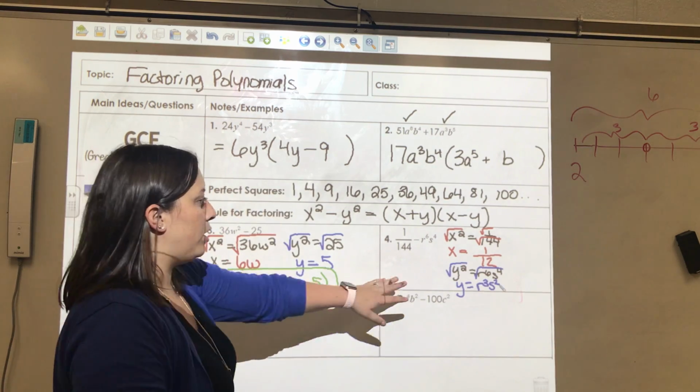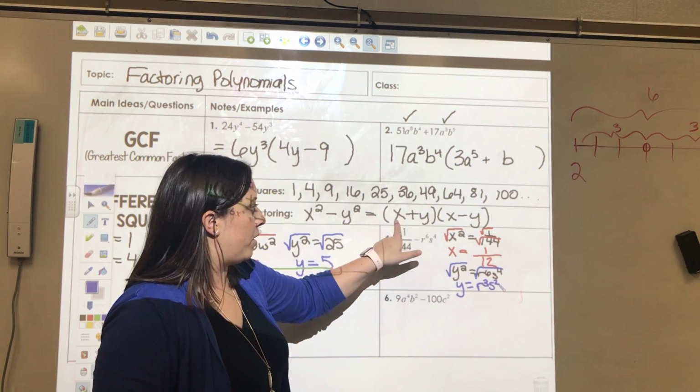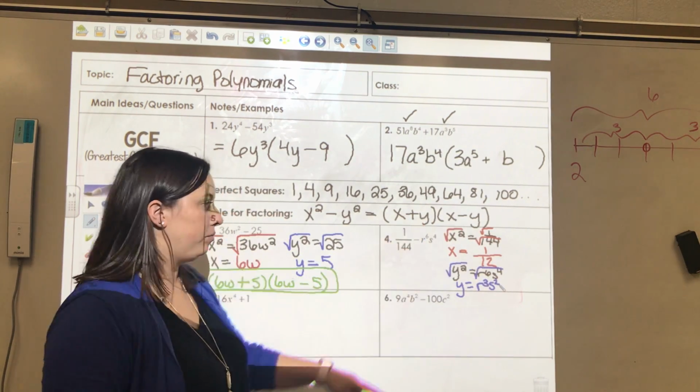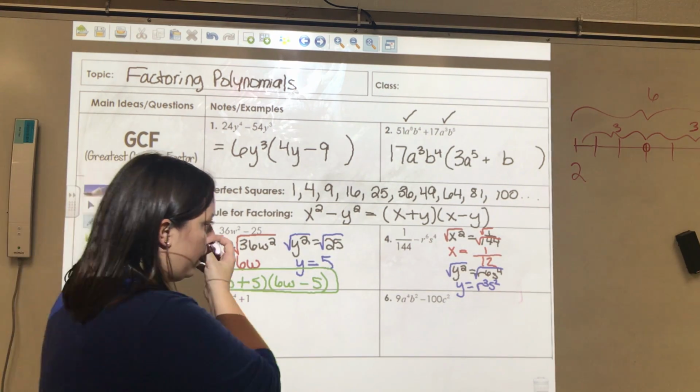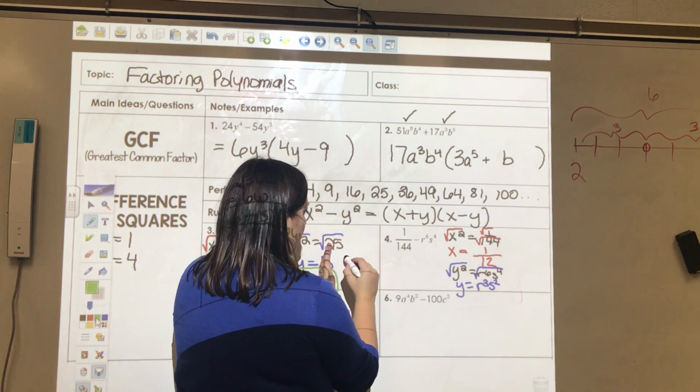Okay, so now that we know what x and y are, we get to just plug it into this formula right here. So our answer is going to be, I'm going to write it here because I'm kind of running out of room.